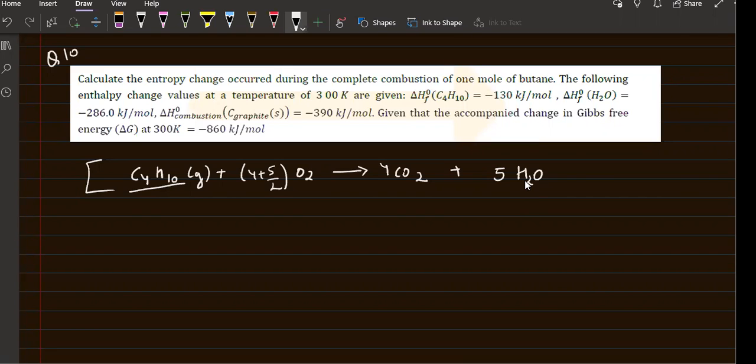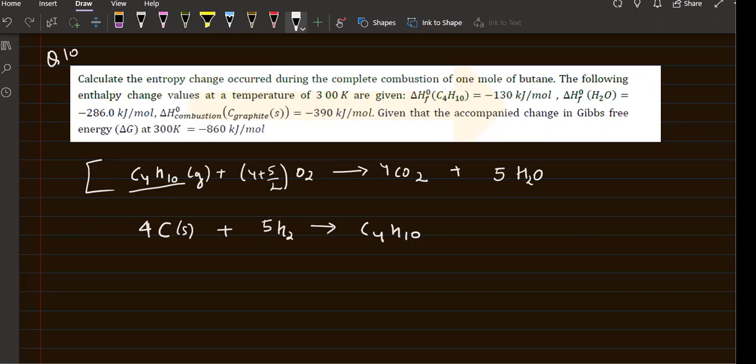So I can say that no, it is prepared. How is it prepared? By combining 4 carbon, which is solid, plus 5 mole of H2 gas. That's how C4H10 is prepared. Yes or no? Everyone agree?